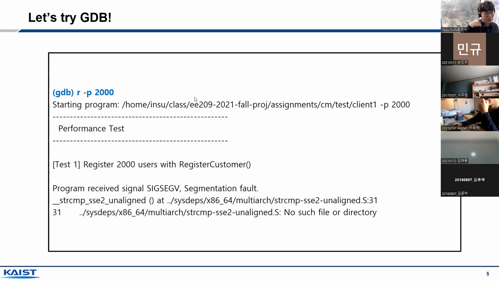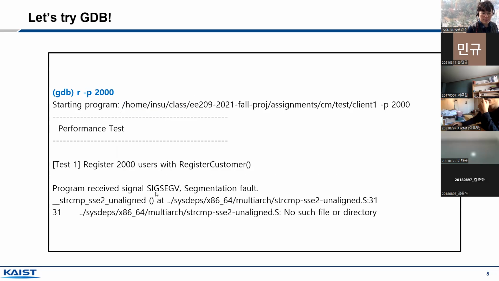One way you might try to debug this kind of memory error is using GDB. You can run the program with GDB with the argument, and it will show you where this program crashed.